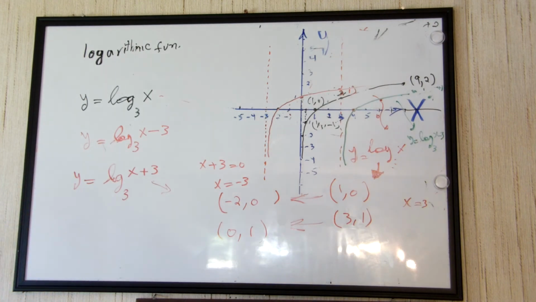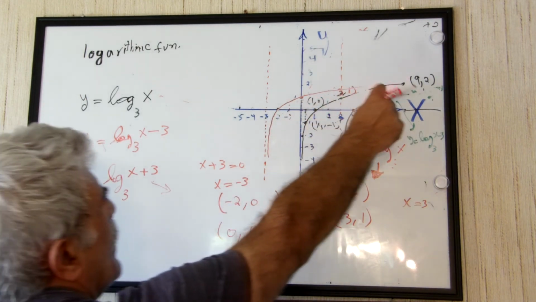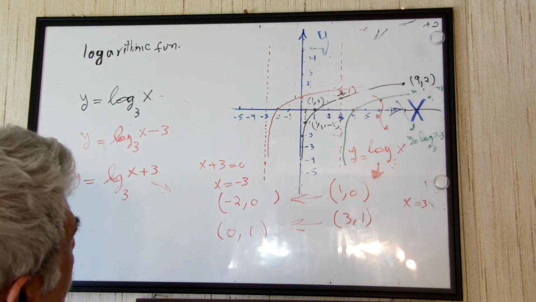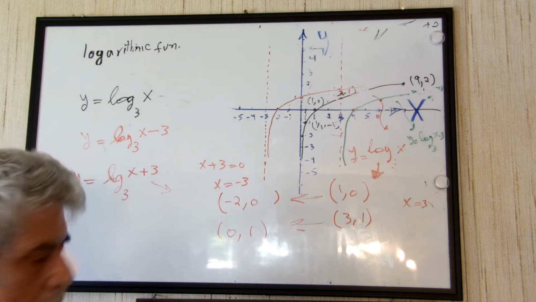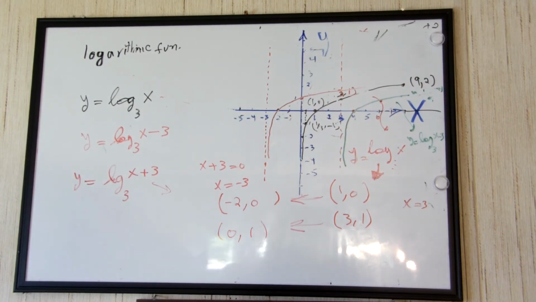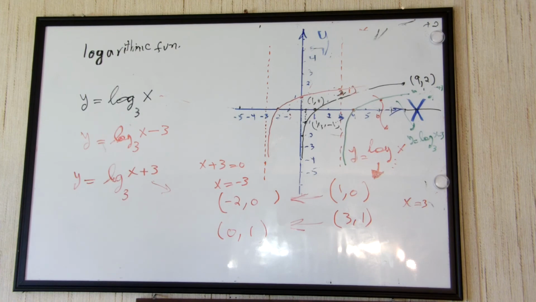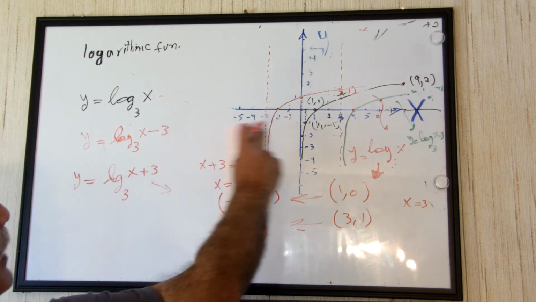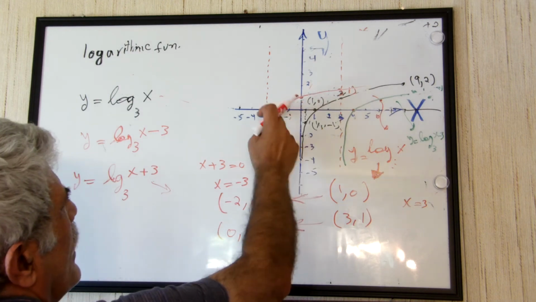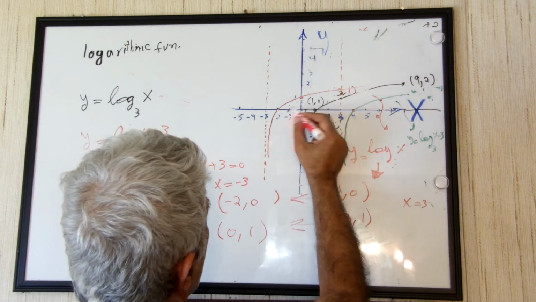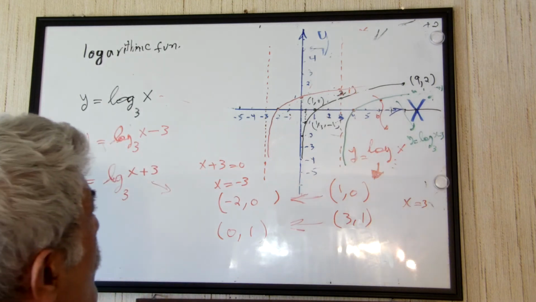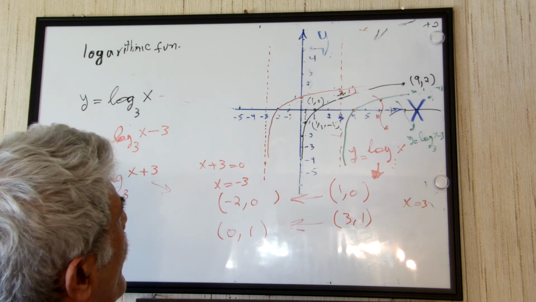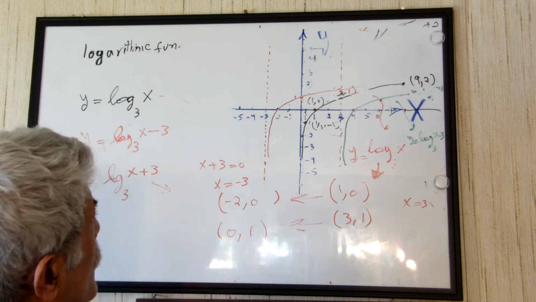It's going to be like that. If you want the graph to be more accurate, locate more points. You see it's easy: the previous one has moved 3 to the right, and this one moved 3 to the left. We have to have 2 points in order to graph it.